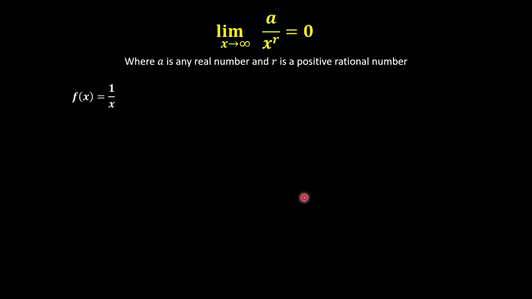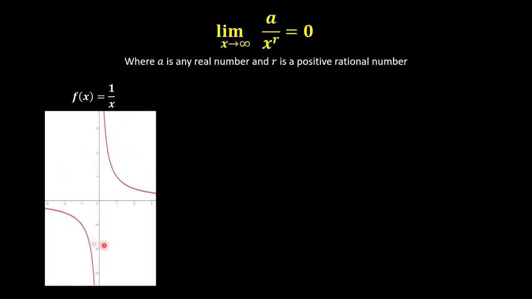Let me give you examples using graphs. Let's say we have f of x is equal to 1 over x. So 1 is a real number, and the exponent of x here is the rational number.